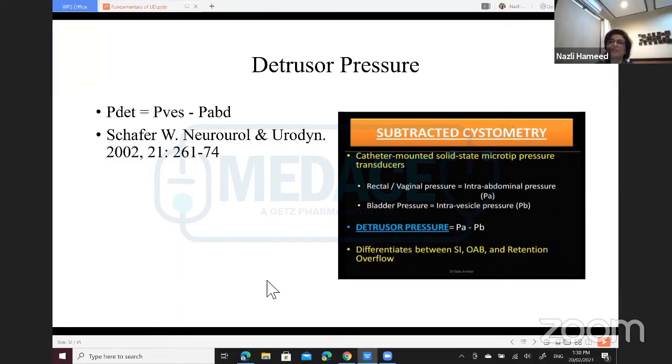We are measuring vesical pressure, which is a sum of abdominal pressure and detrusor pressure. The rectal catheter is measuring abdominal pressure. Once we subtract the abdominal pressure from the vesical pressure, we get a subtracted cystometry, and that is automatically given by the urodynamic machine. We are not calculating it manually. That is why it is called subtraction cystometry.